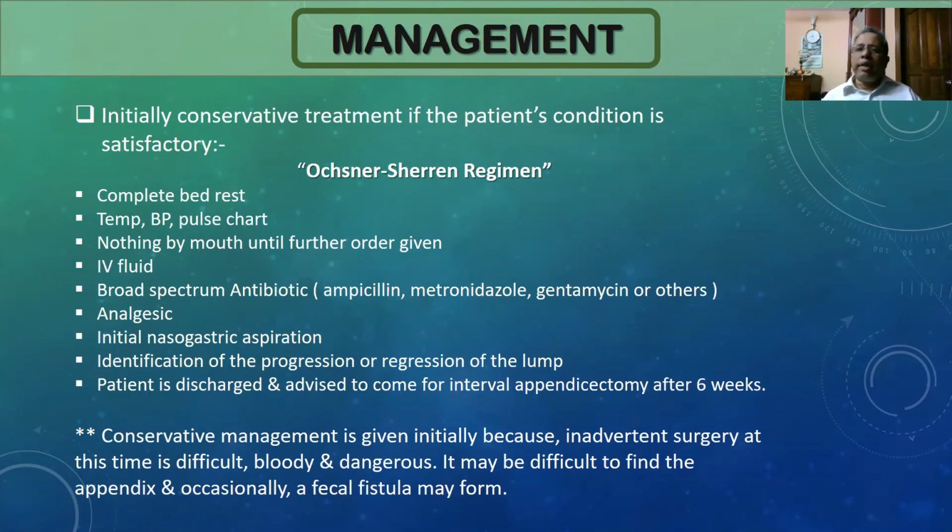But after 7 to 8 to 10 days, the filmy adhesions become harder. Then manipulation is difficult and there is more chance of infection and injury to the surrounding viscera. It becomes difficult to find the appendix and occasionally a fecal fistula may form.